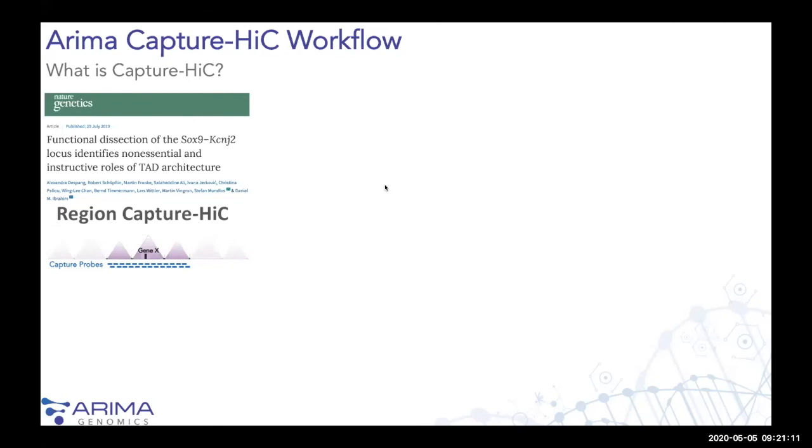Let's say you have a gene or several genes of interest, and you want Hi-C type data around just those genes and not the whole genome. Then you might do a region Capture Hi-C experiment, where you design capture probes to enrich for the contact domain containing your gene of interest, and maybe the flanking domains, leaving everything else behind.